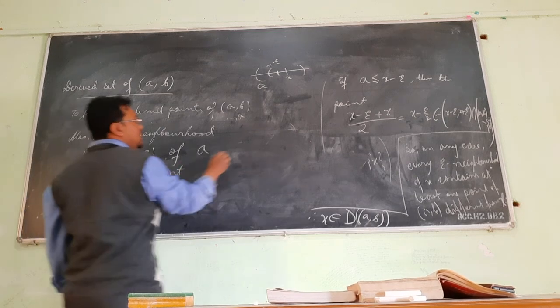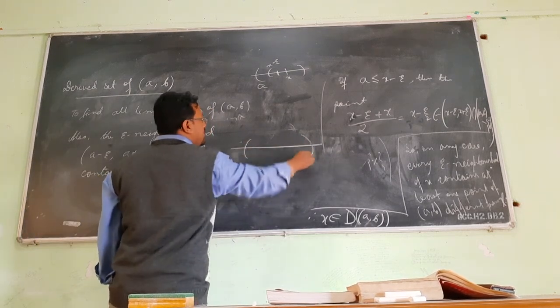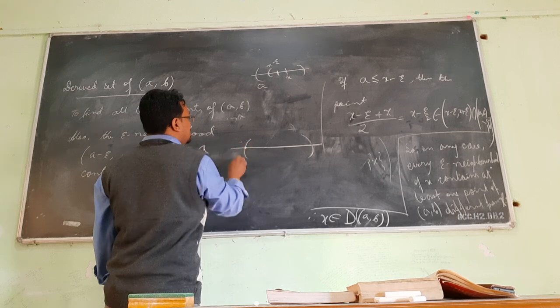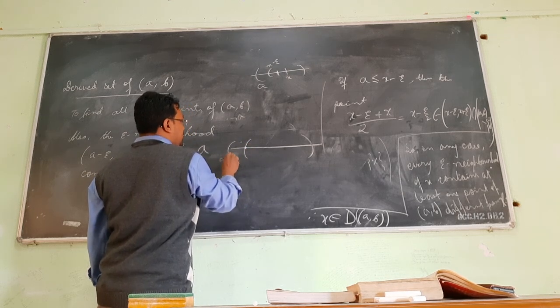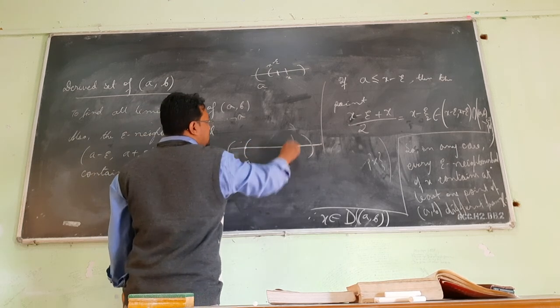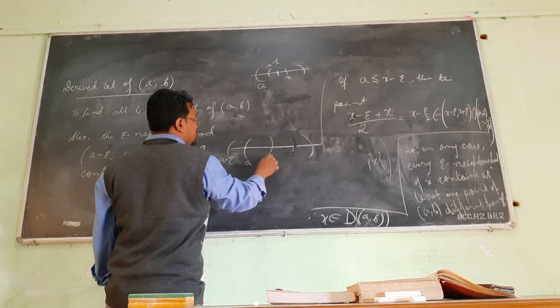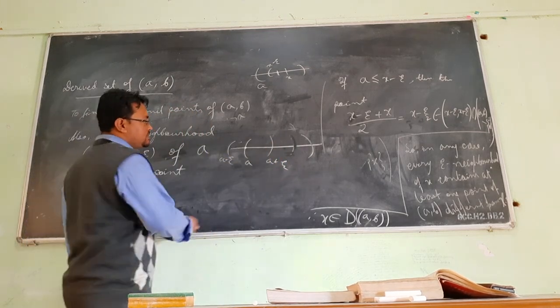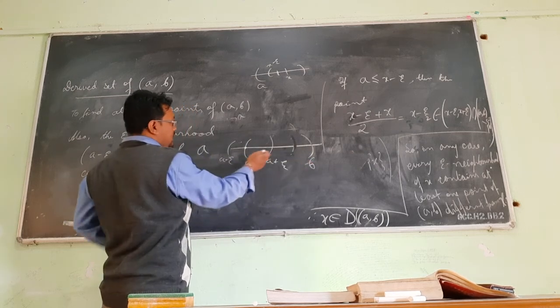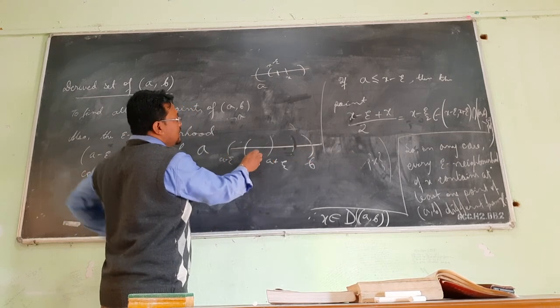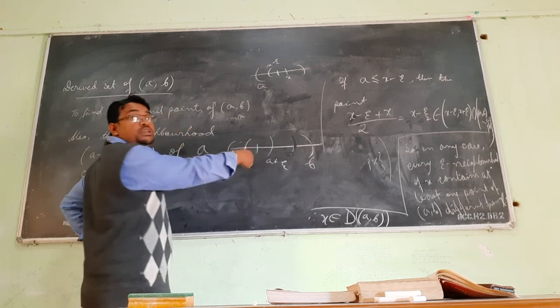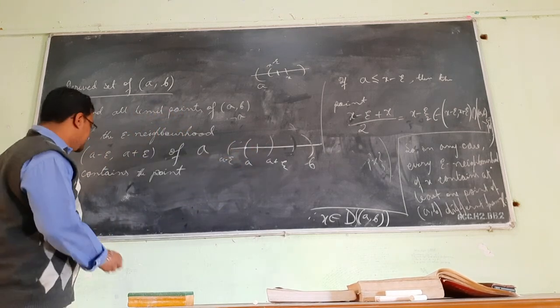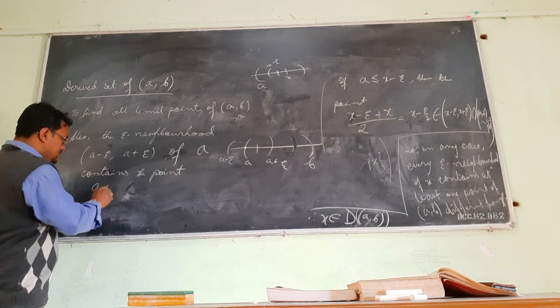Which point will lie inside AB if I take a minus epsilon to a plus epsilon? A minus epsilon is somewhere here, and a plus epsilon may be somewhere here. So which obvious point lies inside AB and also inside this? A plus epsilon by 2. Just take the midpoint of this.